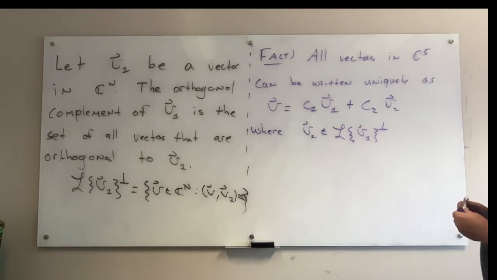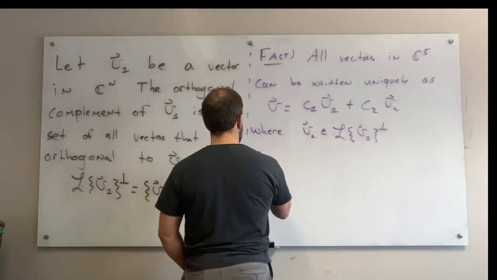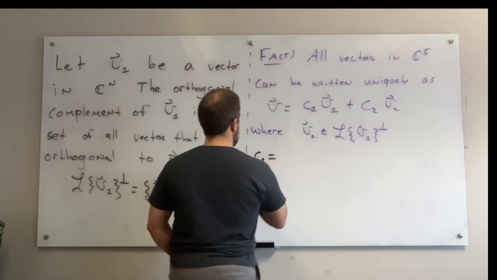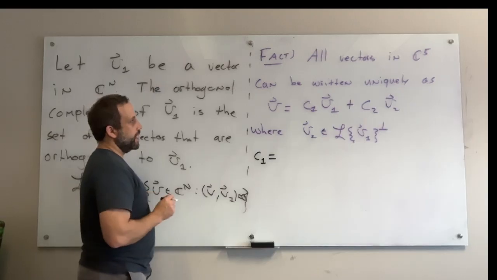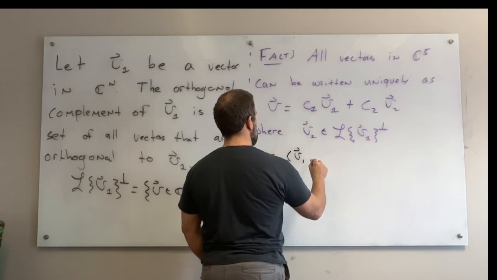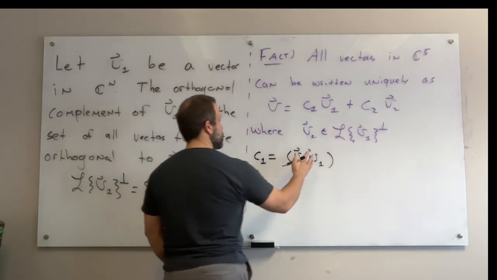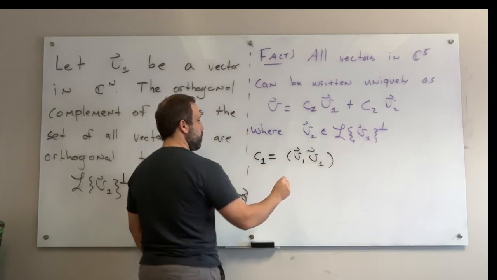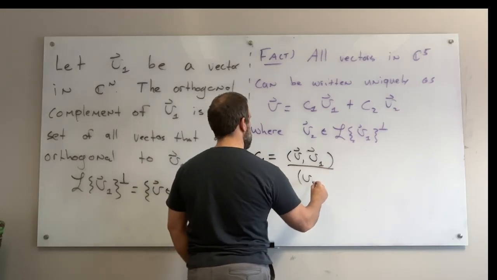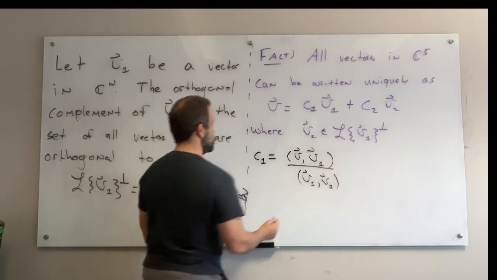Well, we can just show that it's true. We can compute what the C1 and the C2 are. So C1 is going to be equal to the inner product of V with V1 divided by the inner product of V1 with itself.